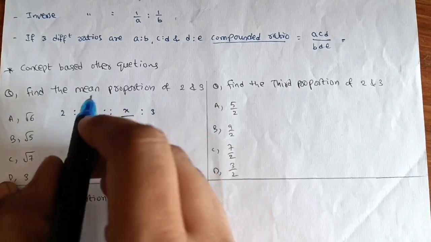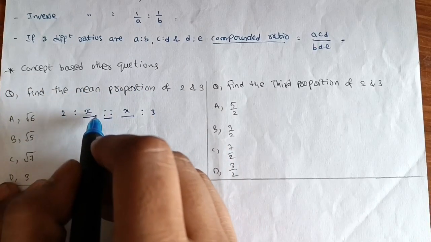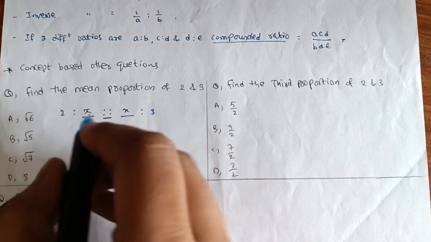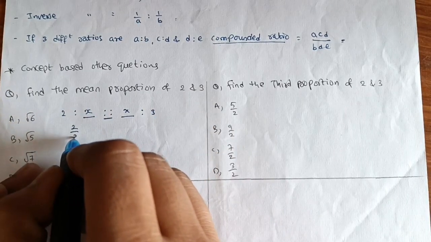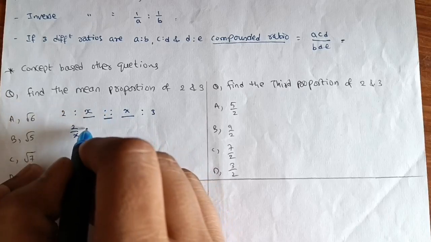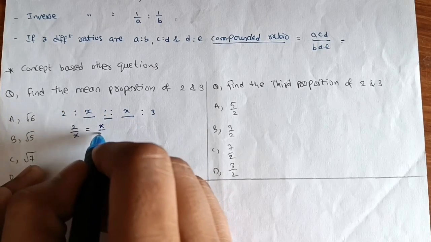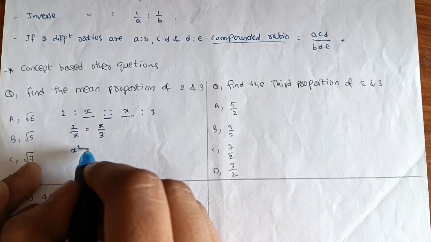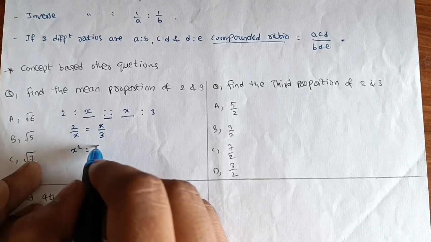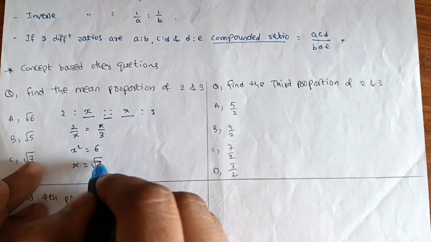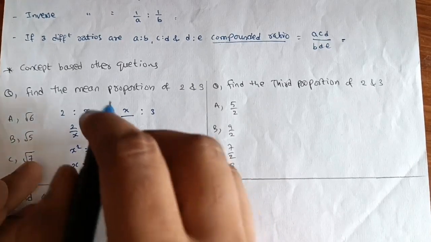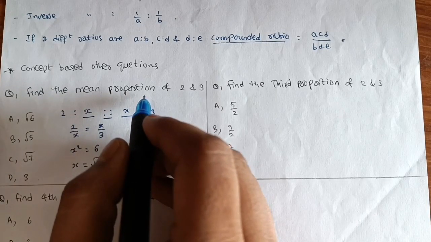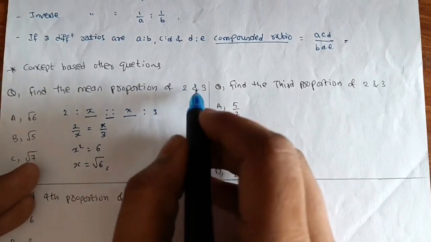So 2 is to x is the same ratio as x is to 3, nothing but 2 by x equals x by 3. When you simplify this, x into x, x square is equal to 2 into 3, which is 6. Now x is equal to under root 6. So this is the meaning of the mean proportion. In the question you may be asked to find the mean proportion of such numbers.